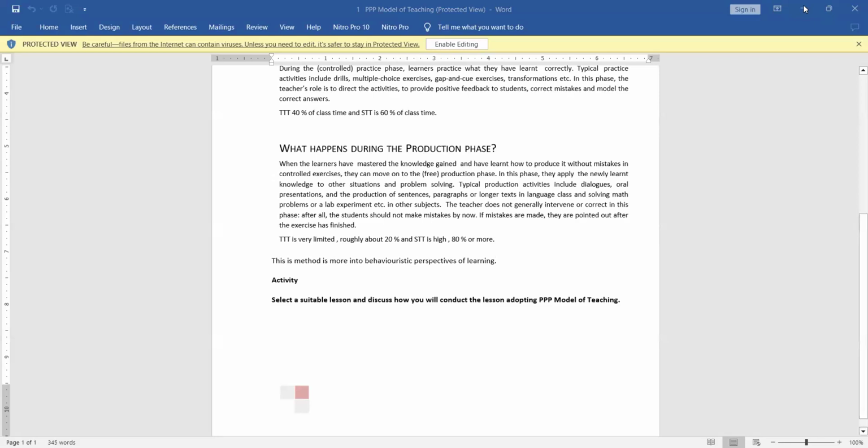5E model of teaching. Have you ever heard of this and learned this 5E model of teaching? Because you all are actually from colleges of education, some of you are. Have you done the 5E model of teaching before?